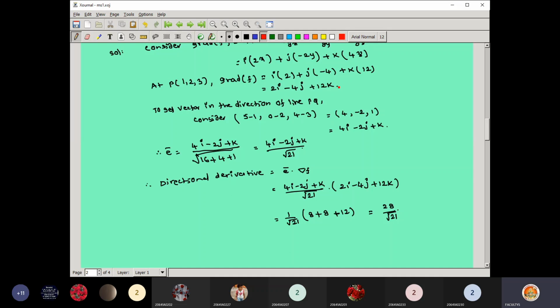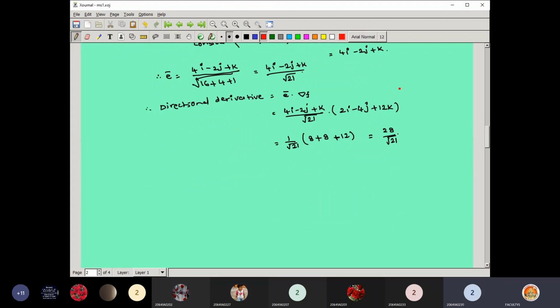Shall I take one more problem? Yes, sir. Another different type. Okay, so you write down the next different type. Find the directional derivative. I'm just writing only DD, don't write it as it is.